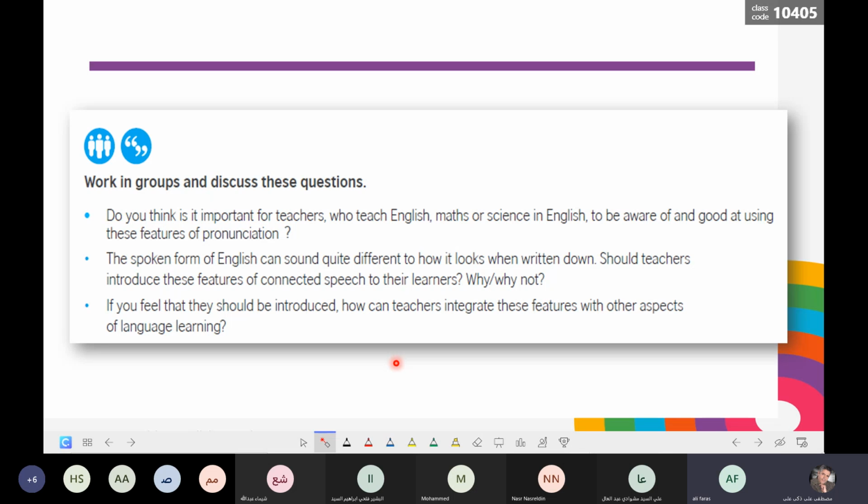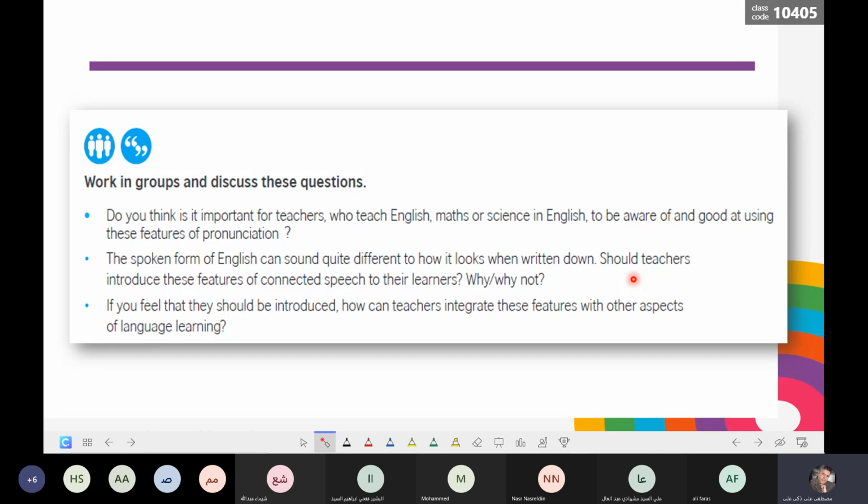We have to pronounce the language correctly. It doesn't matter whether I'm an English teacher, science, or math teacher. But I agree it's also more important for the teacher of English because he is mainly related to the language. Okay. What about the second question?